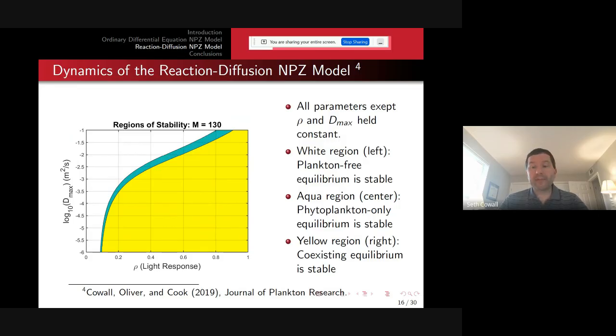So now we can turn two knobs, diffusion and light, and see what effect that has on the stability properties of our three equilibria of our system. Other than these two parameters, we're going to hold all other parameters constant in this grid, and say, suppose we have high diffusion and low light.